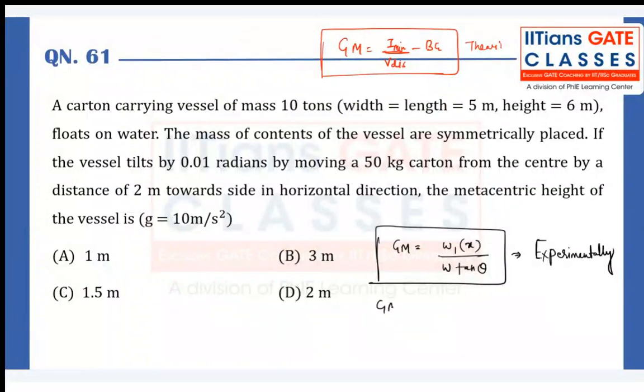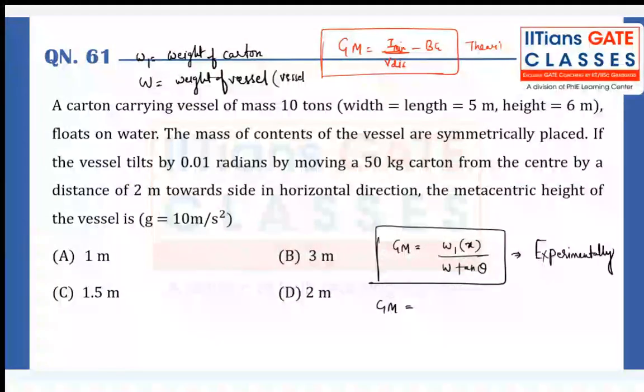But now here you can put the value of GM. What is W1? W1 is nothing but the mass of the cartoon. Here W is the weight of the vessel, including vessel weight plus cartoon weight, both.